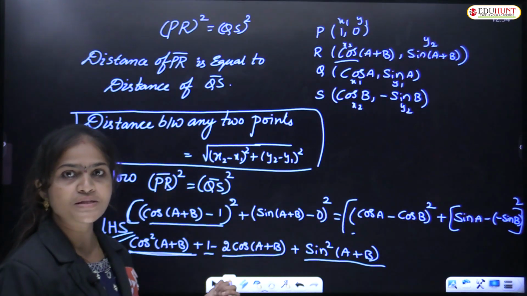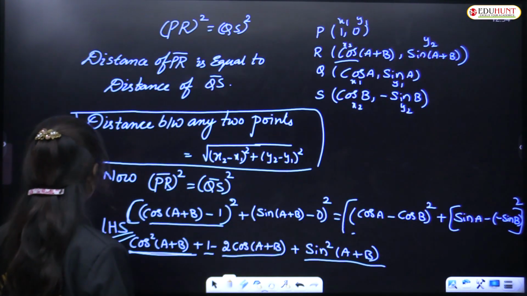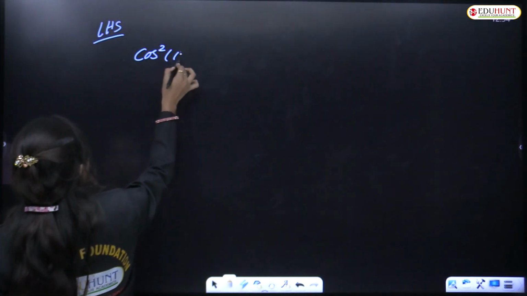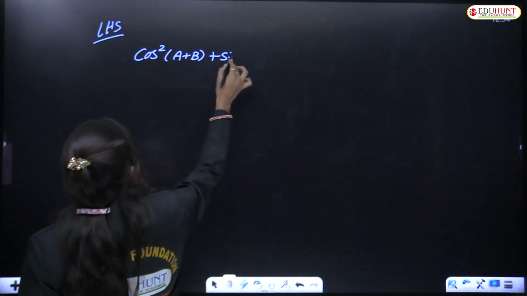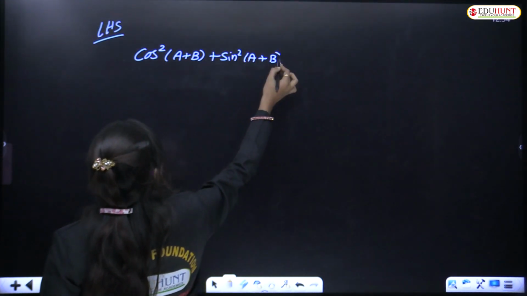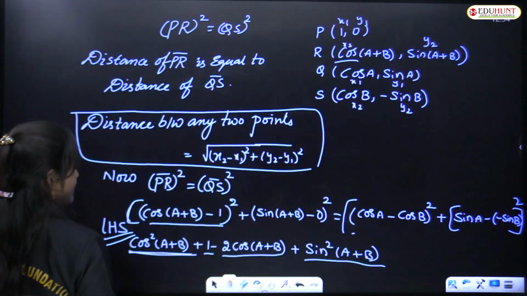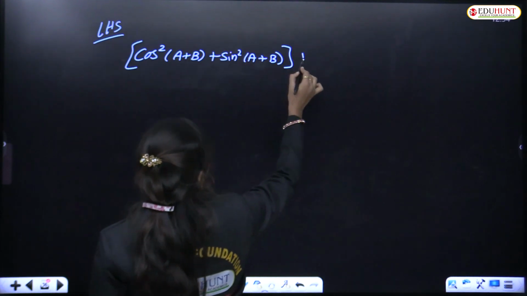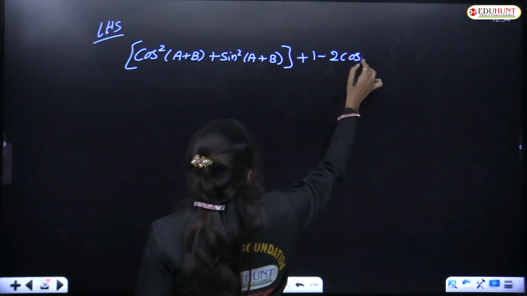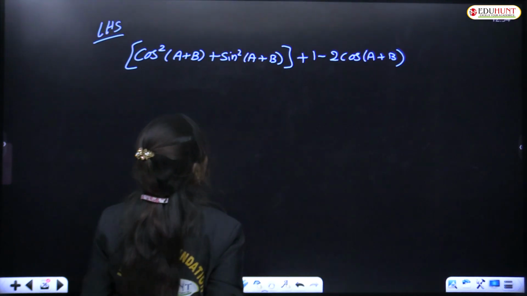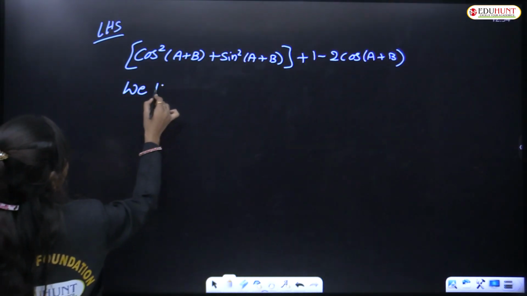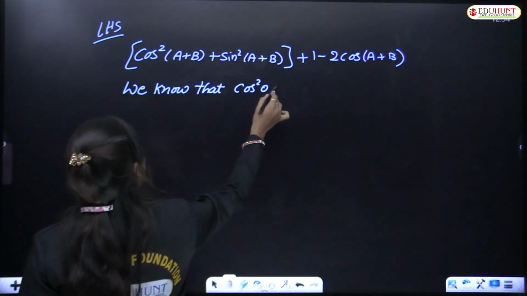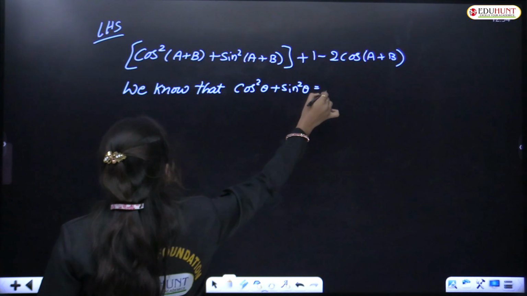Why? Because that is in the form of sin square theta plus cos square theta. So here we can write this one as, LHS we are doing, no? So cos square of A plus B plus sin square of A plus B, okay, we can write together. Next, the leftover plus 1 minus 2 cos of A plus B. Okay, so from this one here we know the trigonometric identity cos square theta plus sin square theta, which is equal to 1.